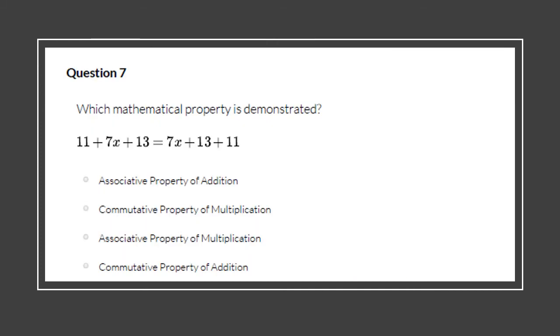Okay, this next one, which mathematical property is demonstrated? Okay, so what did they do here? I see that all of my numbers are the exact same. They're just in a different order. So remember the associative property, I always like to think of that as your group of friends. Your grouping is parentheses.